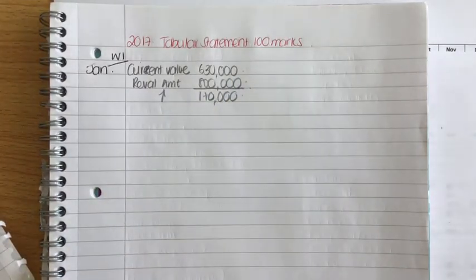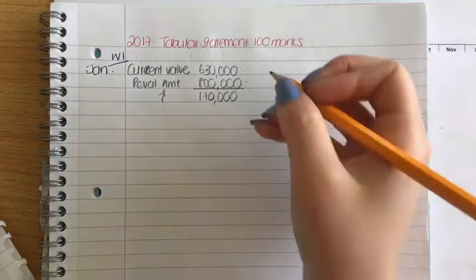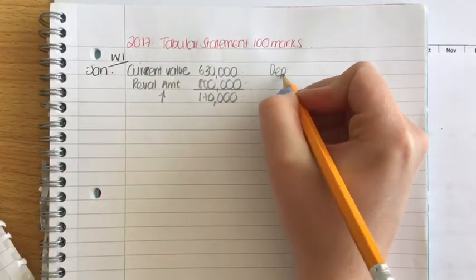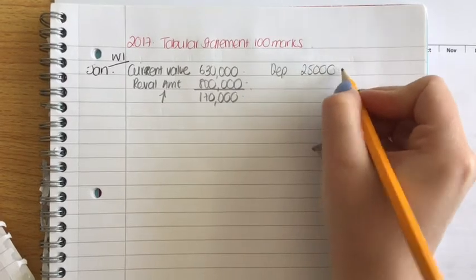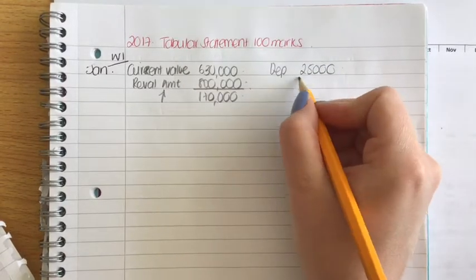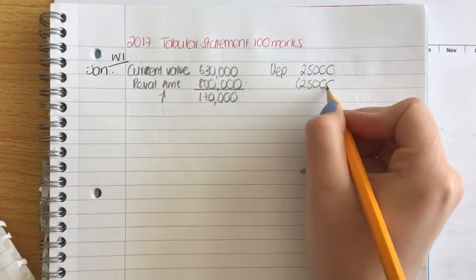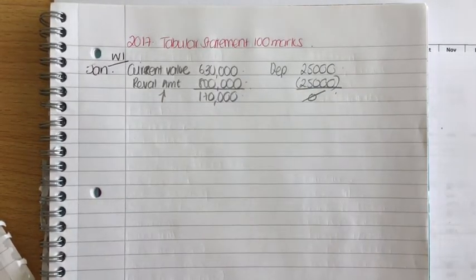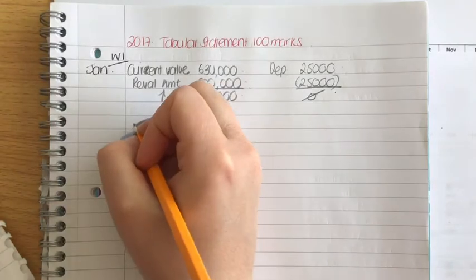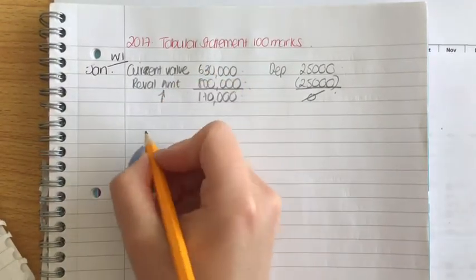Now you also know that when we revalue an asset, all of the previous depreciation gets written off as well. In this question, our land and building accumulated depreciation at the start of the year was €25,000. So we're going to bring all of that depreciation down to 0. Now remember the double entry: revaluation reserve.